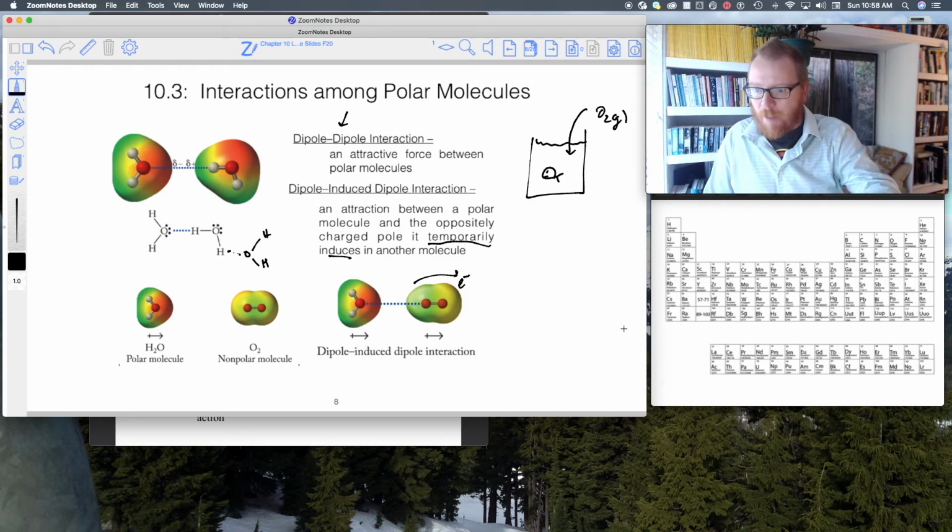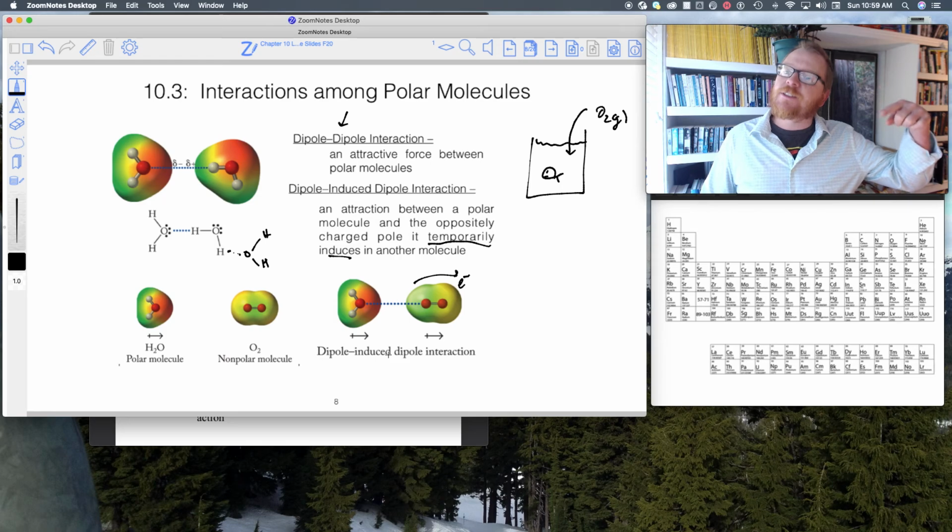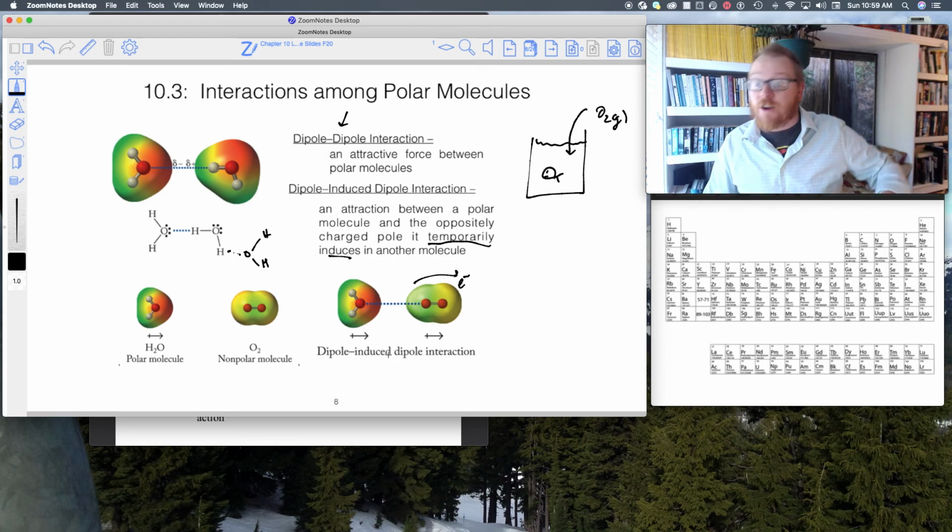If you just pump air straight into the water, that oxygen will stay in the water for a considerable amount of time because of this dipole-induced dipole. And of course, in natural waters, in the ocean and rivers and streams, when the surface of water is agitated through either waves or ripples or like a rock falling in the water, that influences air to get bubbled into that water, okay?